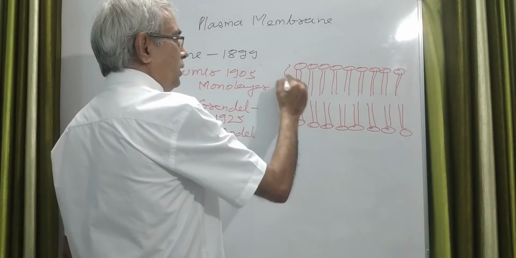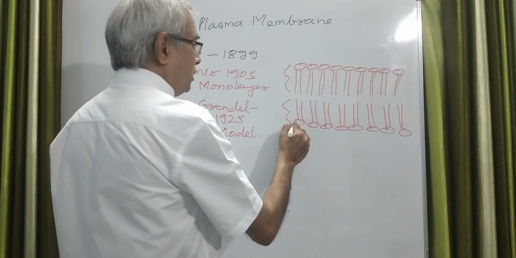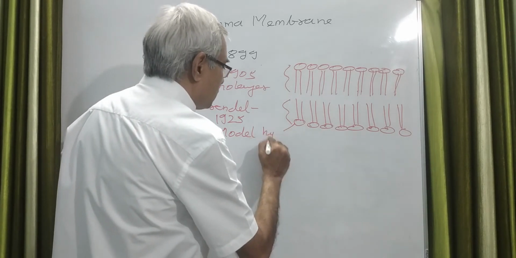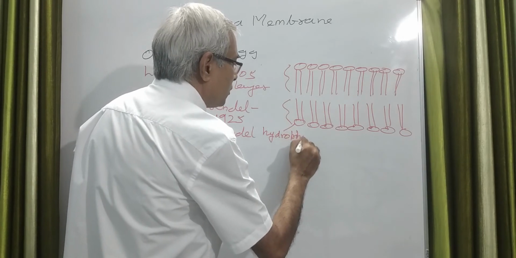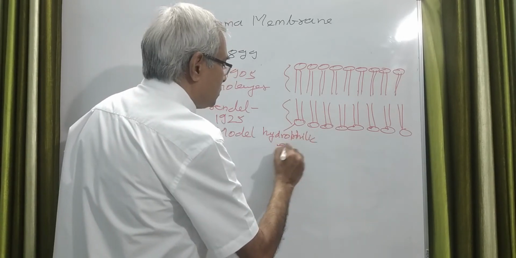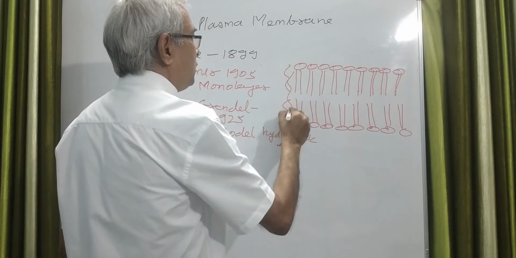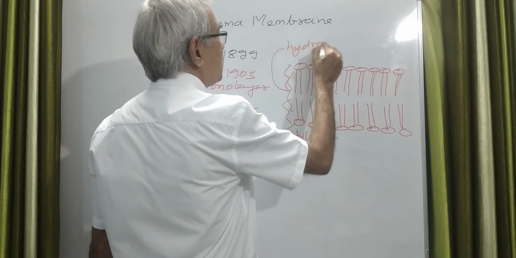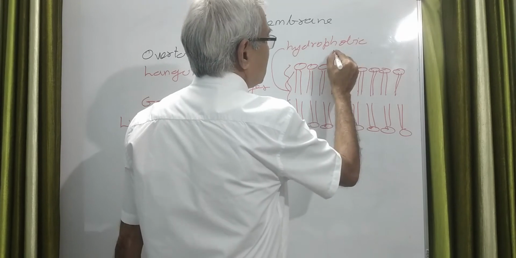This is one layer and this is another layer of phospholipid molecules. These are the hydrophilic ends of the phospholipid molecule, and this is the hydrophobic layer.